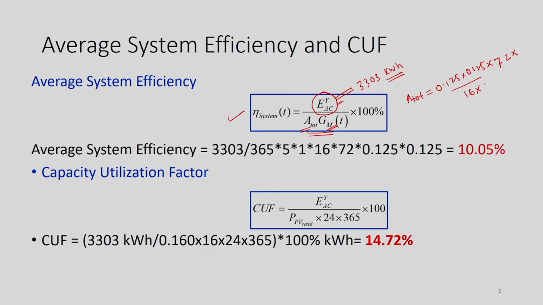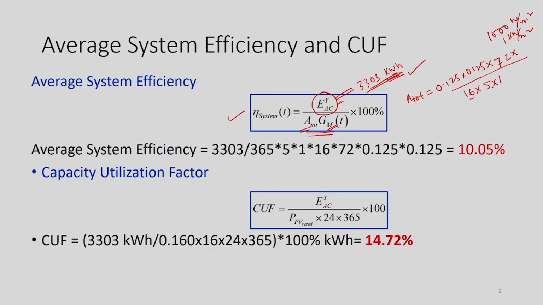It says peak sun hour is 5, and solar radiation is 1000 watt per meter square. So, in kilo it will be 1 kilowatt per meter square. Because here also it is in kilowatt, the yearly energy yield in the AC side is also in kilowatt hour.